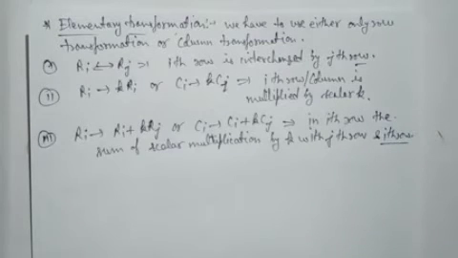Clear? Means first we multiply the jth row by k and add with the ith row.